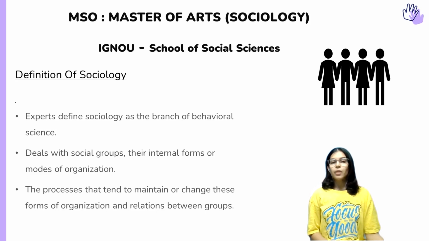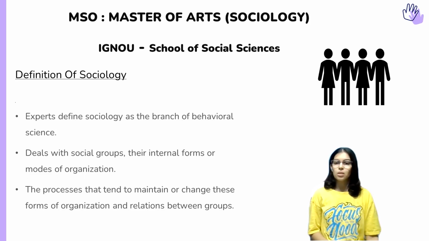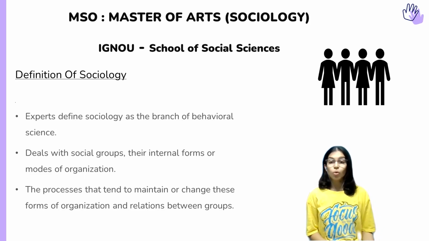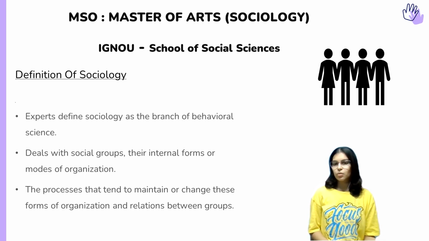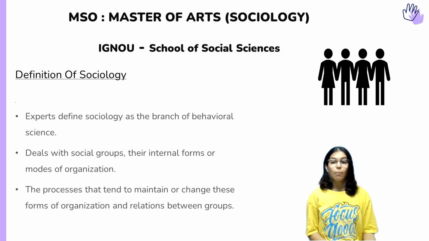So we study that in sociology, and also relations between groups, not between individuals, but between groups. Individuals themselves form these groups; they are the basic unit of these groups. But again, there are various groups in society, bigger organizations and smaller organizations, and we study all of these in sociology.